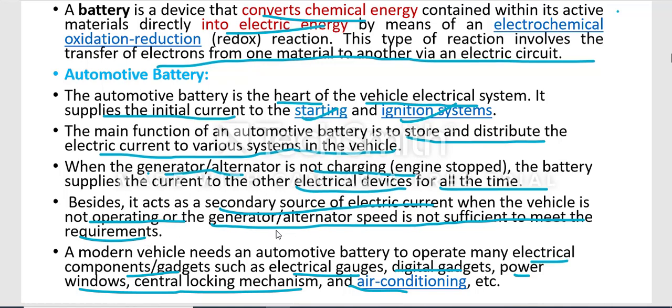Okay, the generator or alternator is running at very slow speed, and in that case also we require a current. So this demand is fulfilled by the battery. Okay, so this is all about the automotive battery. Automotive battery is a very important component in vehicle nowadays.